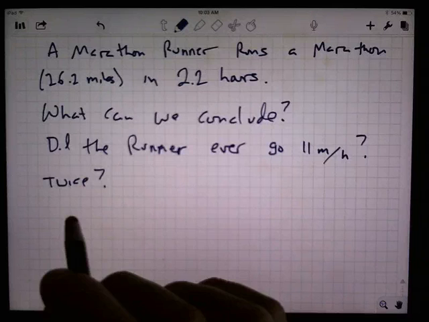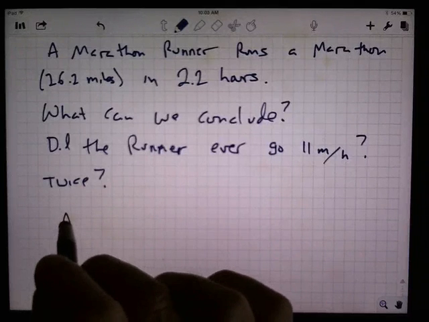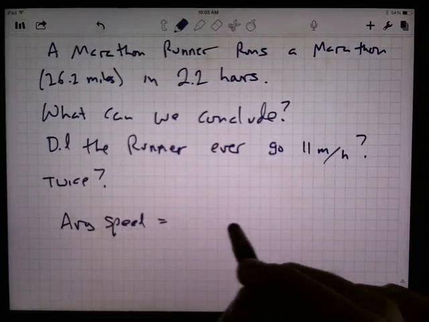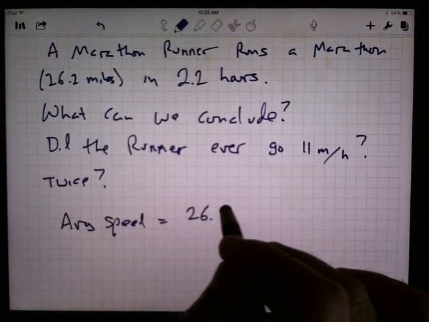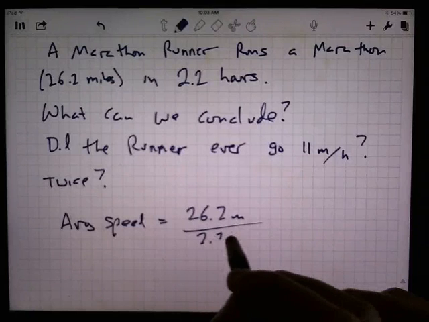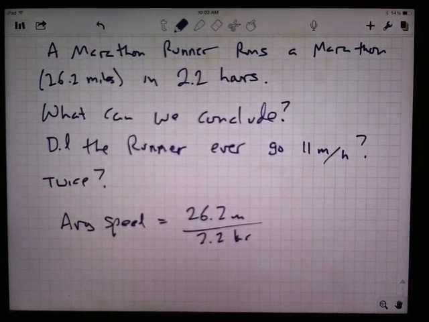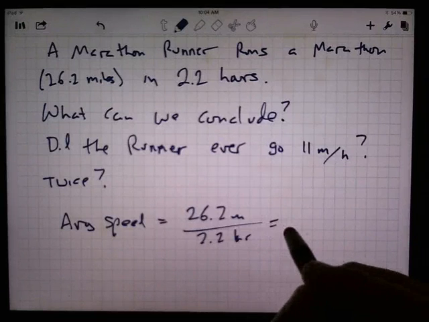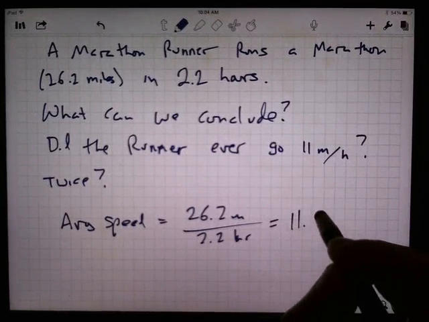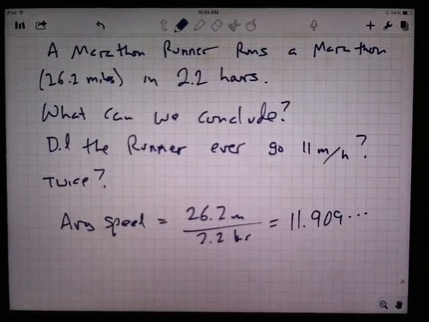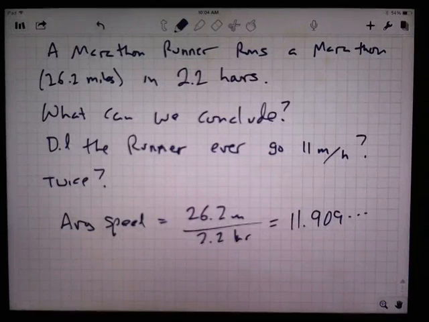So what I see here is that the average speed is 26.2 miles divided by 2.2 hours. And 26.2 divided by 2.2 is 11.9090909, etc. It keeps repeating 90909.